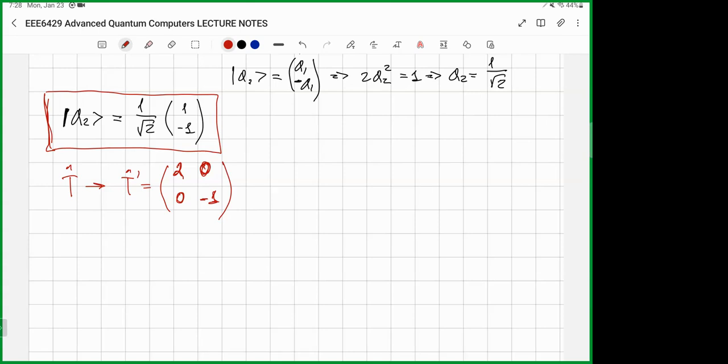I solve this problem, make the Hamiltonian diagonal, and these diagonal elements represent the energy states that I measure in experiment or obtain in quantum simulations, etc. So this is basically how it works.